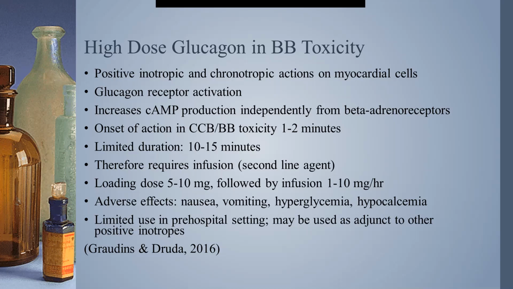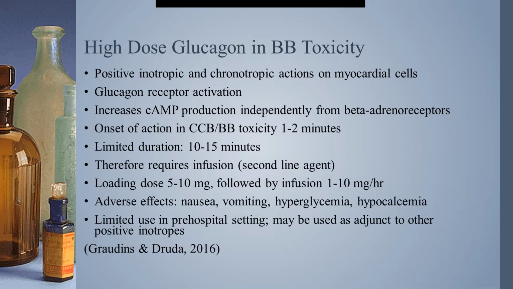Glucagon has positive inotropic and chronotropic actions on myocardial cells. The glucagon receptor is activated, which increases cyclic AMP production independently from beta adrenergic receptors.